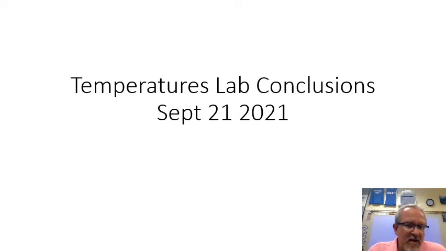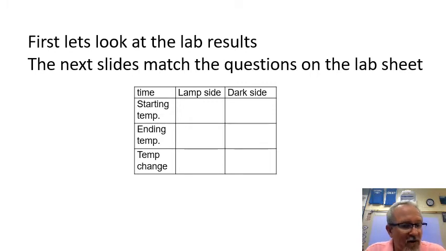So let's take a look at our conclusions from our lab activity yesterday and then apply those to a situation on the Earth in reality. First of all, let's look at the lab results. Your numbers are going to be different than mine, so I'm just going to use some examples.